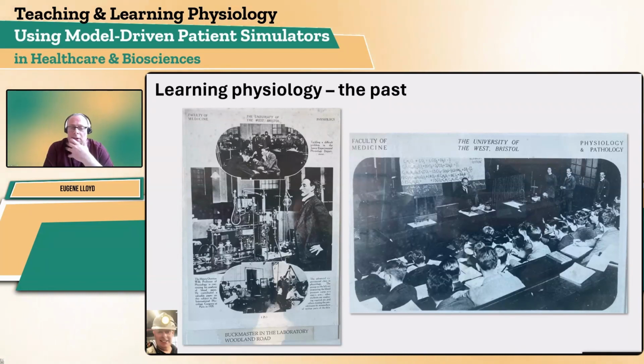Our current classes are approaching 300, and there's much more diversity within the classes. So some of our students come straight to university from having studied their A-levels, others come from the world of work, others have done other degrees. So there's much more variety and variability in the students.